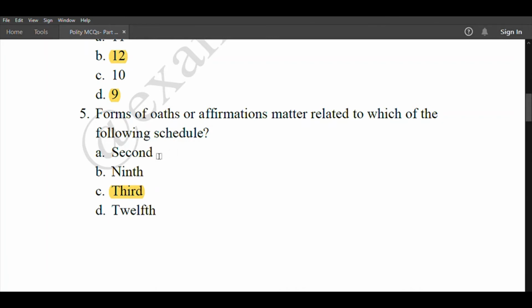The ninth schedule is related to the acts and regulations of the state legislatures dealing with land reforms. That's about the ninth schedule. And the third option is third schedule, and it's the answer, we all know. And the last option is 12th schedule. The 12th schedule specifies the powers, authorities and responsibilities of municipalities.